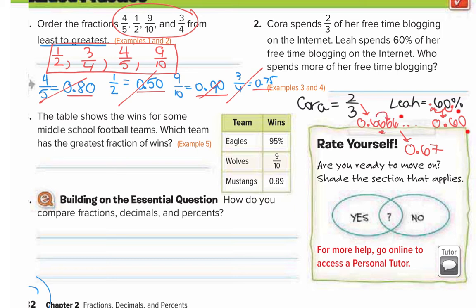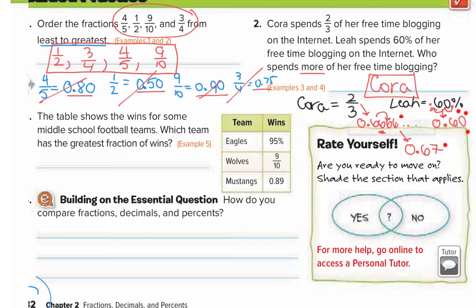The number after it is 5 or bigger, so the hundredths place has to round up 1. So Leah is 0.60, Cora is 0.67. So who spends more of their time? The answer is Cora.